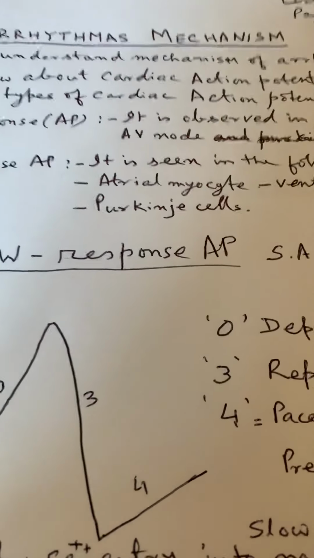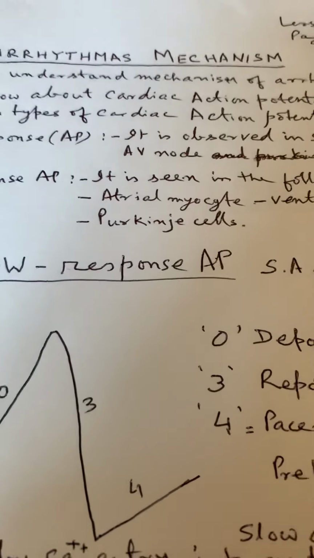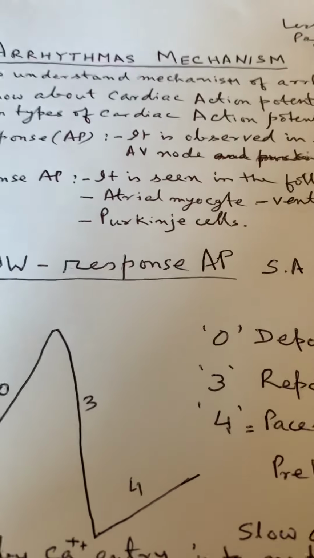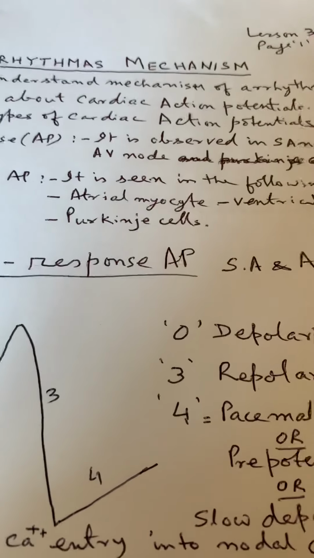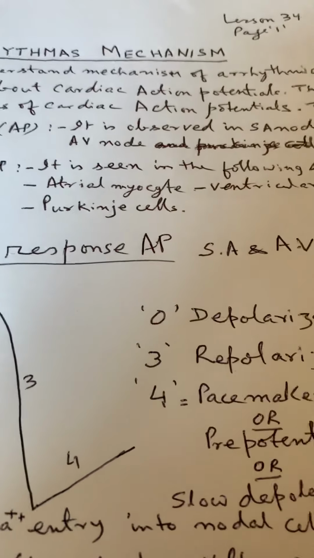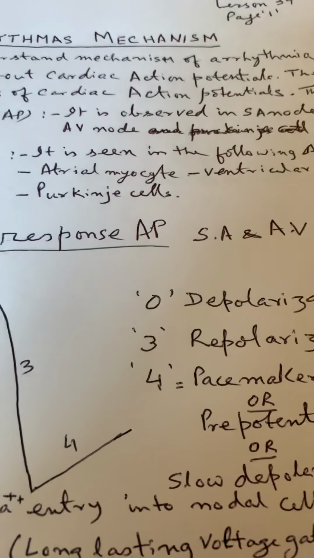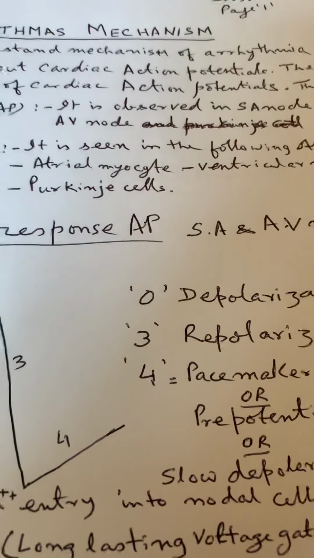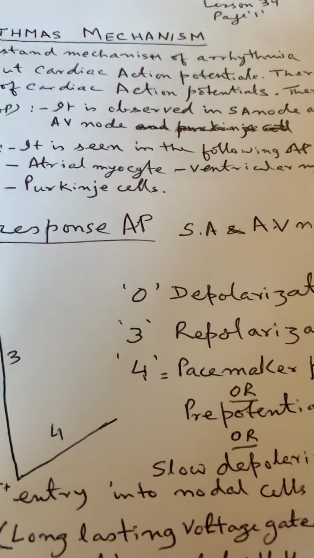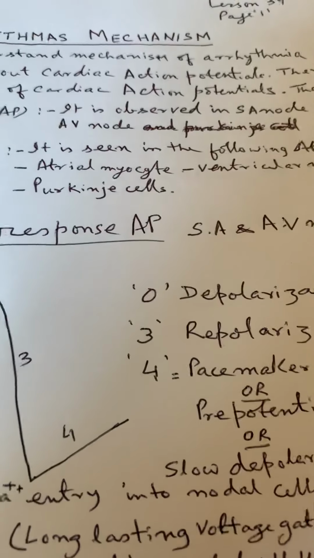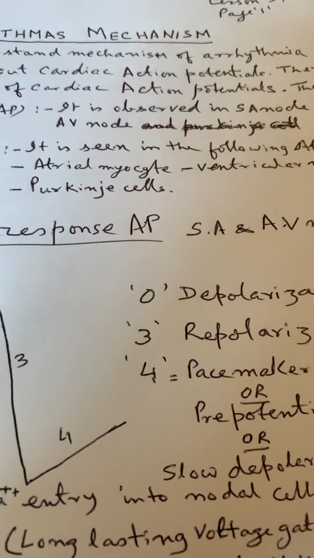For example, the action potential of a nerve is like a spike, and whatever nerve you take, it will be the same shape, same time. Similarly, muscle action potential will also be similar, but in the heart you will find slight differences in the action potential generated by different parts of the heart.